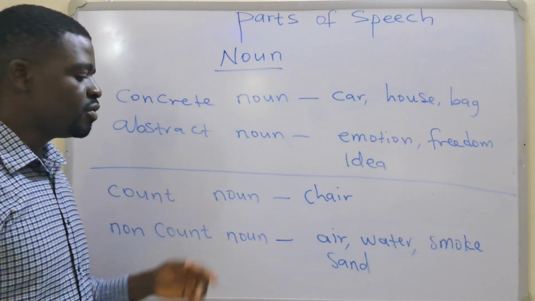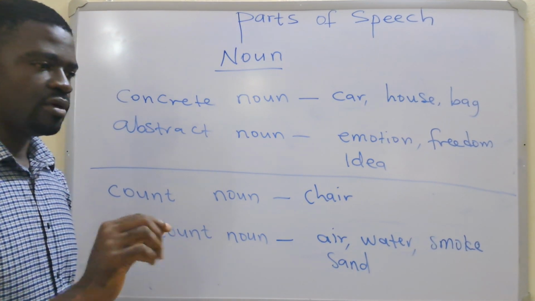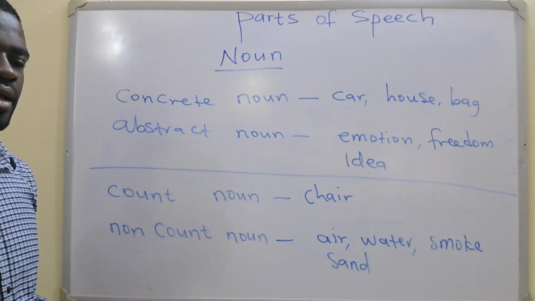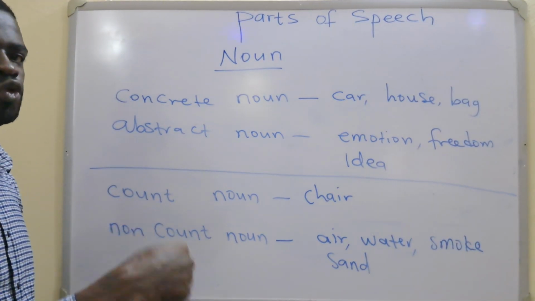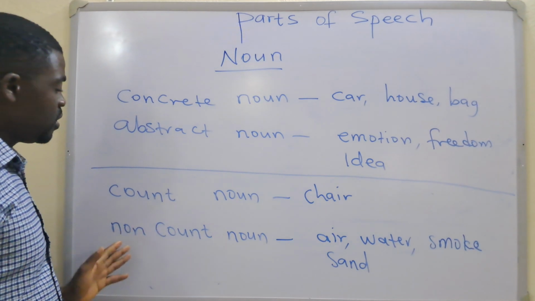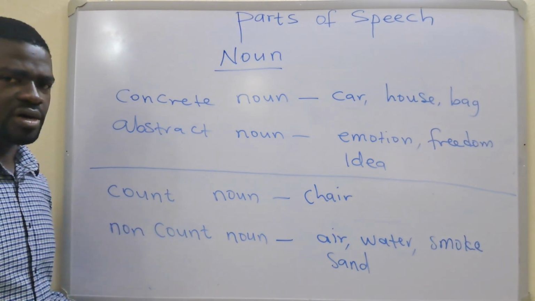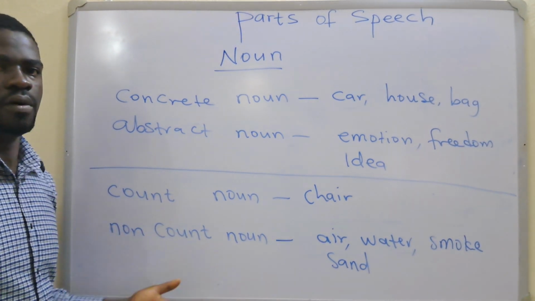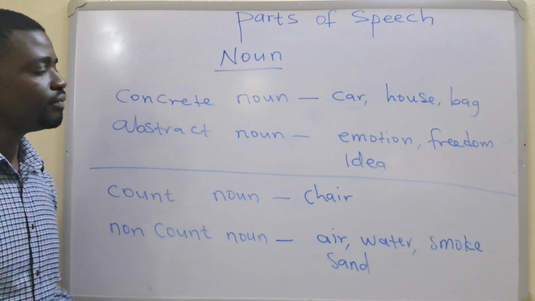If they are countable, it means you can pick them apart and number them 1, 2, 3, up to whatever number you can get. But the ones you cannot count or number are non-count or uncountable nouns.